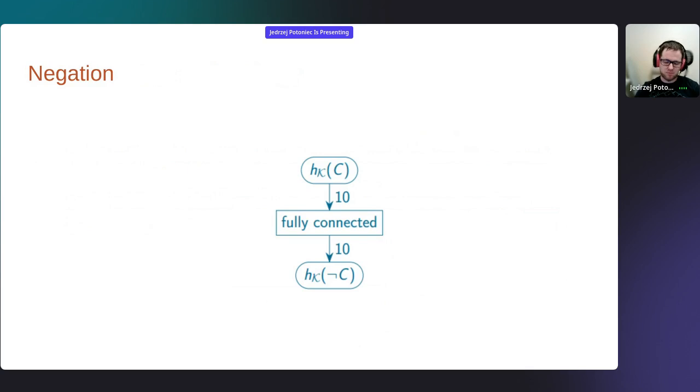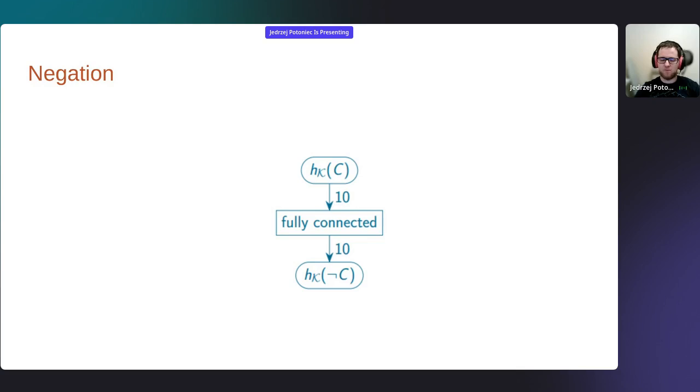And we start with those to get something more complex. We have the negation operator, for example, which is simply a linear layer, a linear neural network. It gets an embedding of a concept as its input, and it outputs an embedding of the negation of the concept. In our experiments, we fixed the embedding size to be 10.